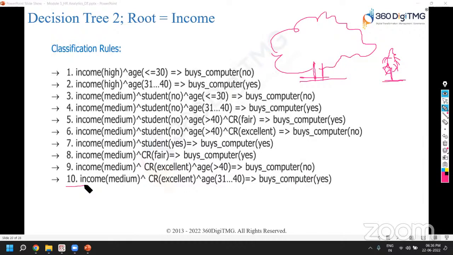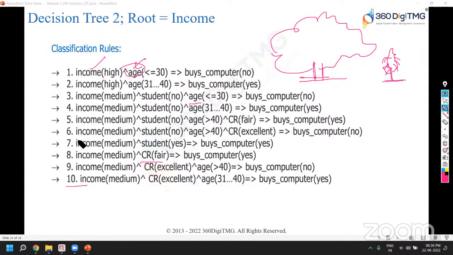Now, these two trees that we have grown were developed manually, and we have chosen different options. Why should I choose income as the root node? Why should I choose age here? Why not probably credit rating in this branch? So these kinds of questions are definitely something that we need to ask ourselves.